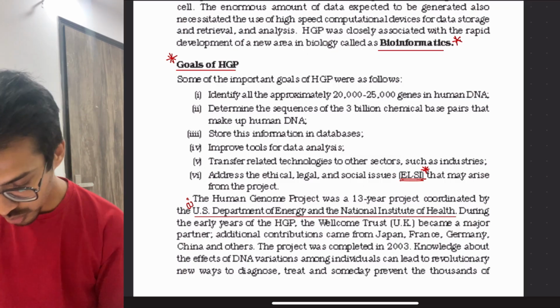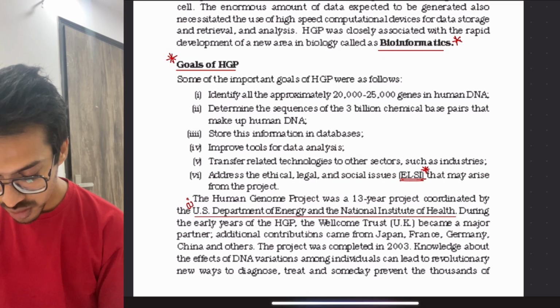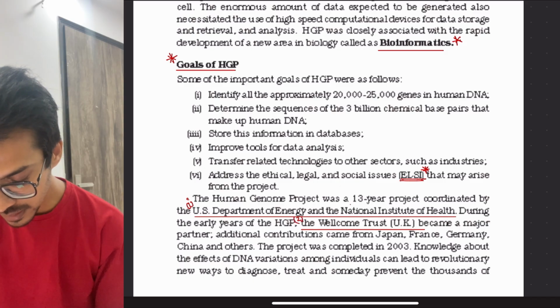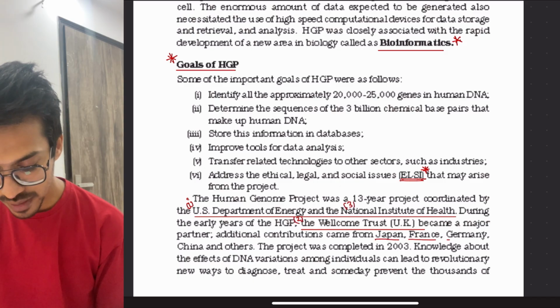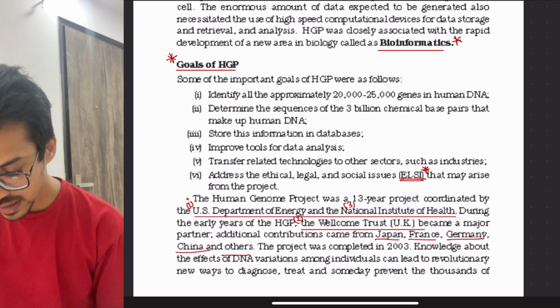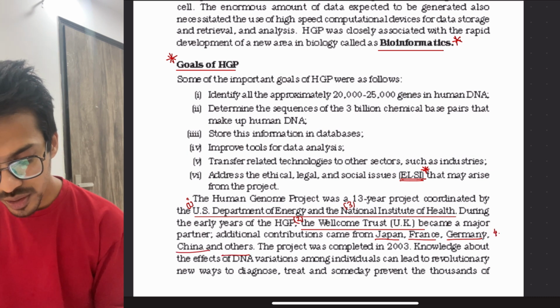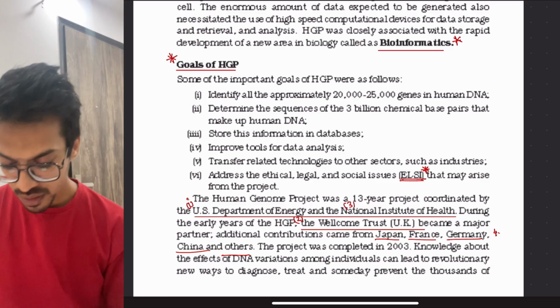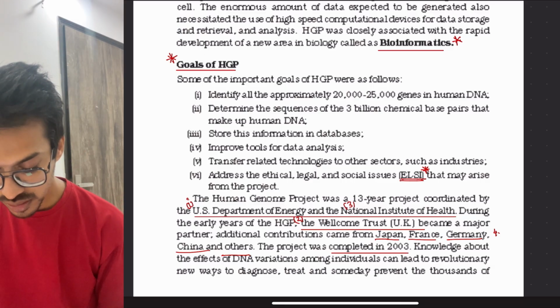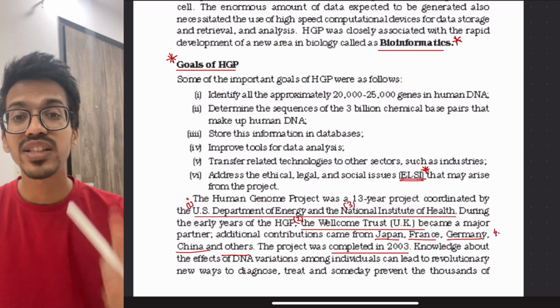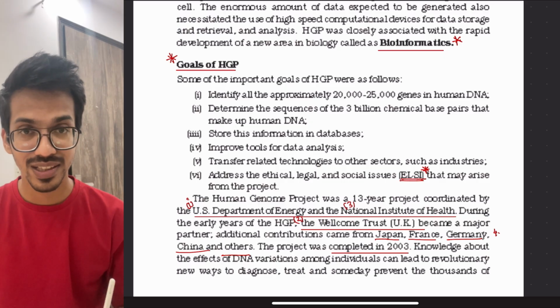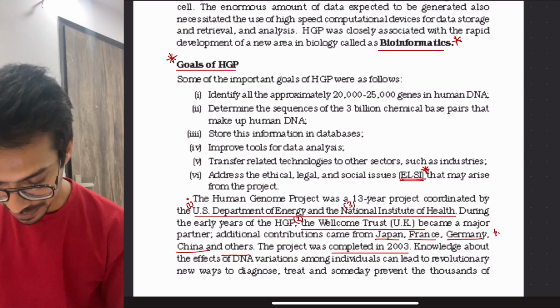Both are from the US. Then it was joined by the Wellcome Trust, and other partners like Japan, France, Germany, China later contributed to its growth. Finally it was completed in 2003, although not completely, as X and Y were still left. X was completed in 2023 itself.